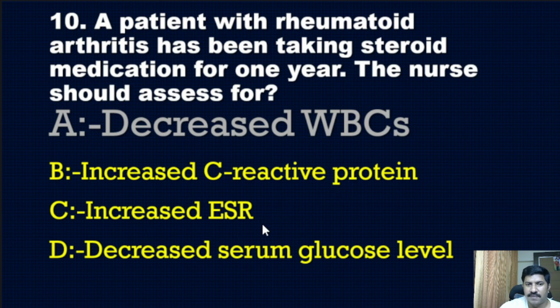Increased ESR also we can see in the case of infection, and decreased serum glucose level is hypoglycemia. But with steroid medication therapy, usually we will see hyperglycemia. So in the case of chronic steroid therapy, there will be immunosuppression and hyperglycemia.